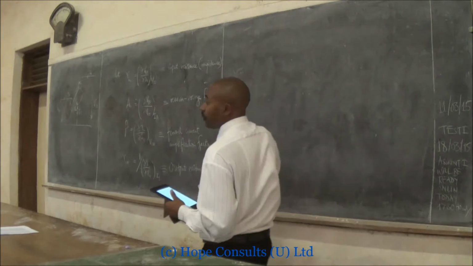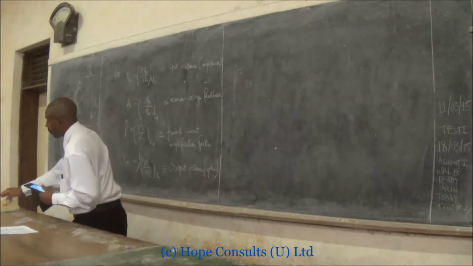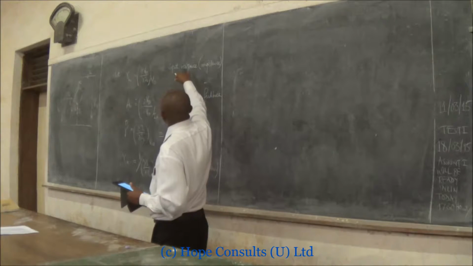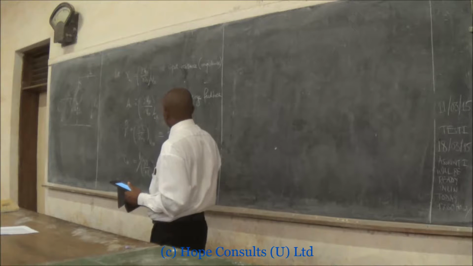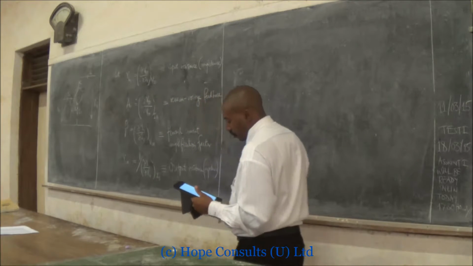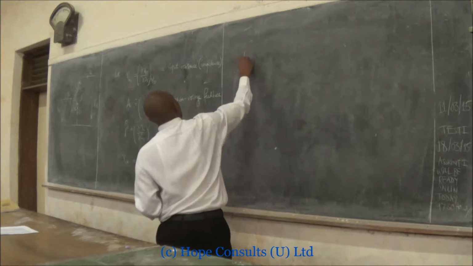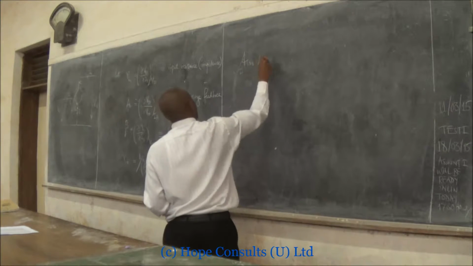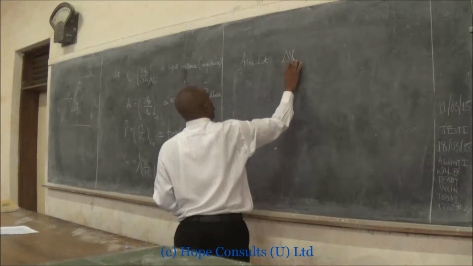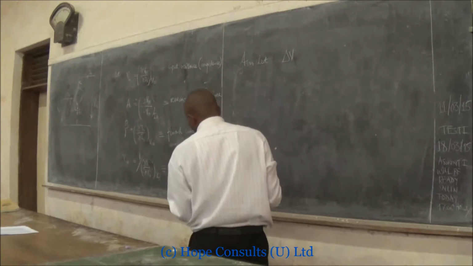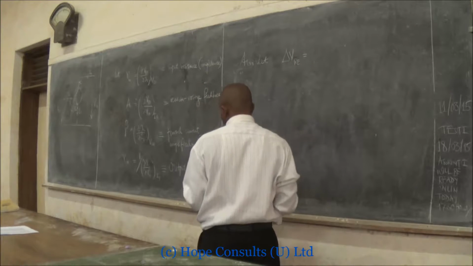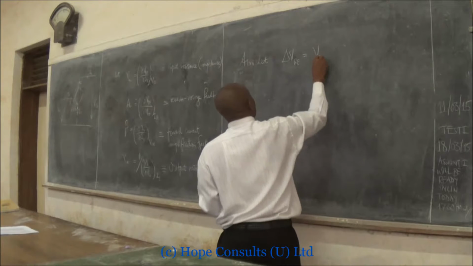So we've got a few new terminologies: reverse voltage feedback, input resistance, forward current amplification, and output resistance. We also let the change in base emitter voltage equal to VBE.